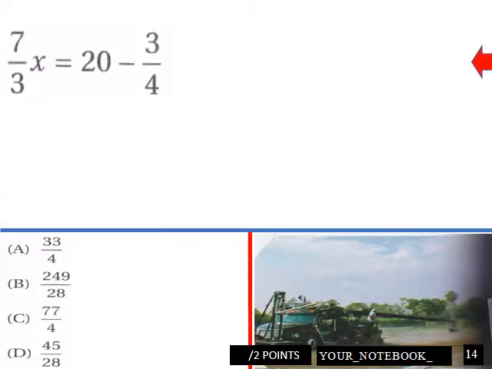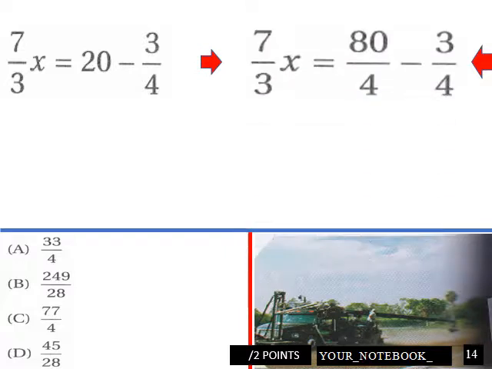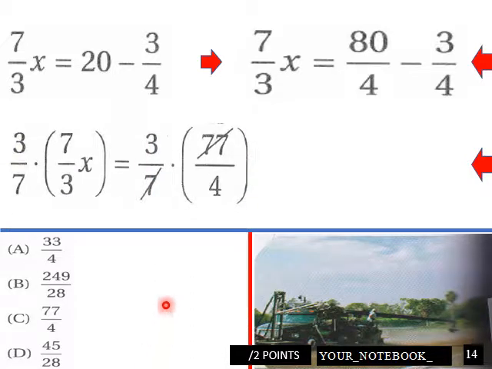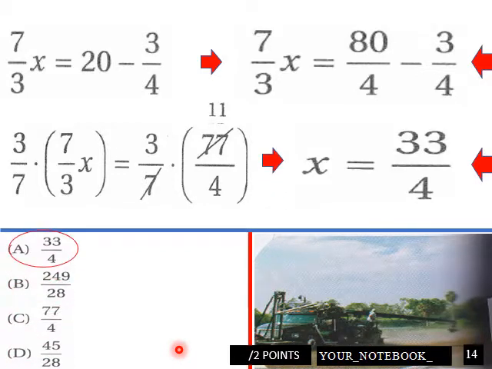Whichever style you find is simpler for you and less confusing. Then we end up with this here, and we combine our like terms over there. Again, we can do some canceling here. So we need to isolate our x here. We get x equals 33 over 4, which would be A.